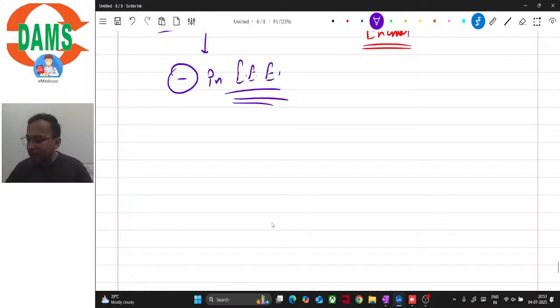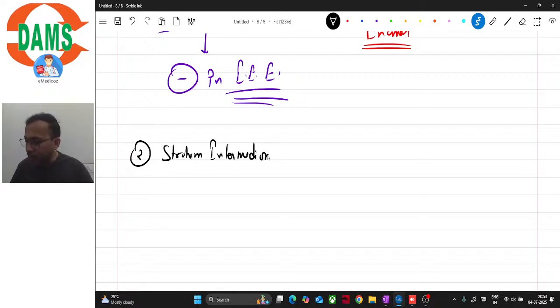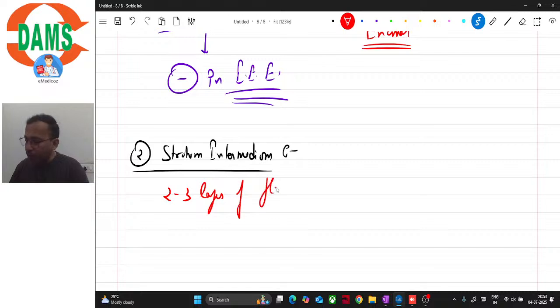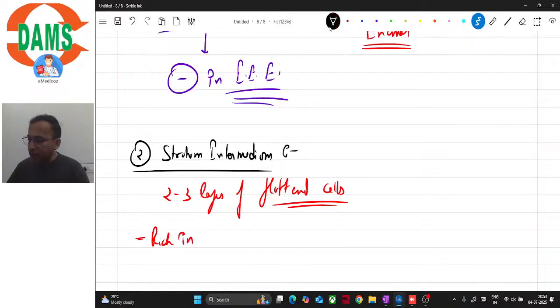So for that, there is another cell, stratum intermedium. Now this stratum intermedium has 2 to 3 layers of flattened cells, and they are rich in alkaline phosphatase, right?